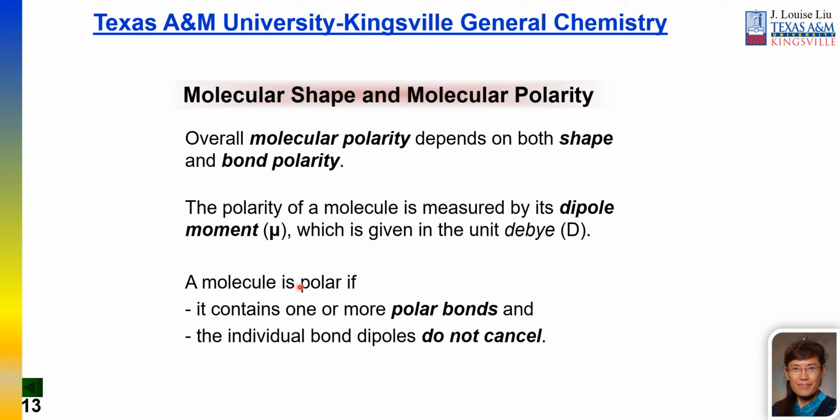A molecule is polar if this molecule contains one or more polar bonds, and the individual bond dipoles do not cancel. If you have a linear structure such as carbon dioxide, carbon-oxygen, carbon-oxygen, they are polar bonds, but the two carbon-oxygen bond dipoles cancel each other.